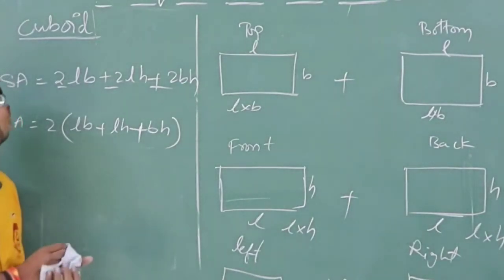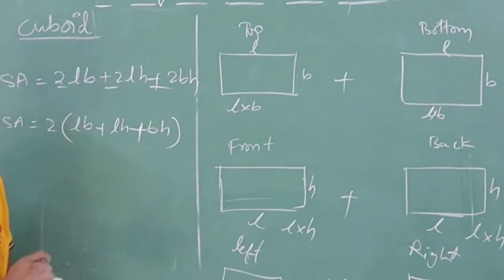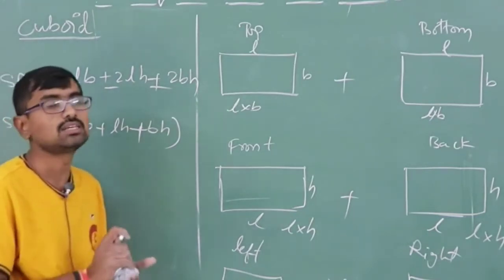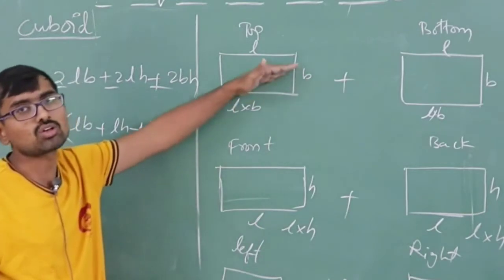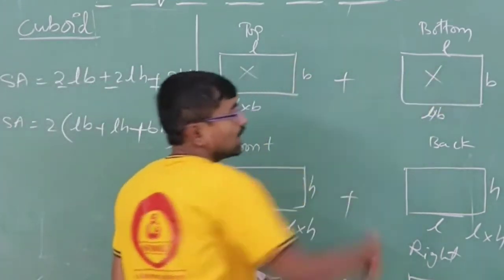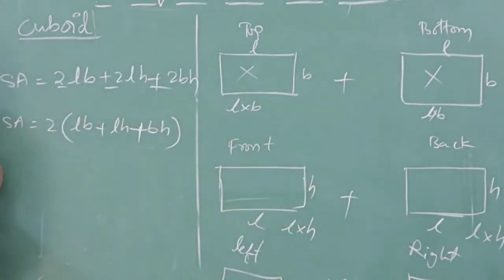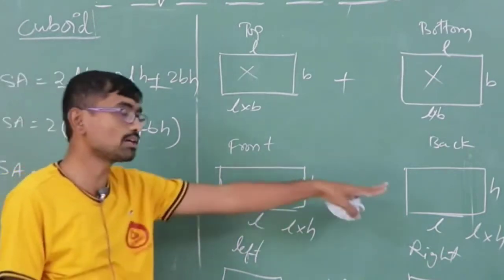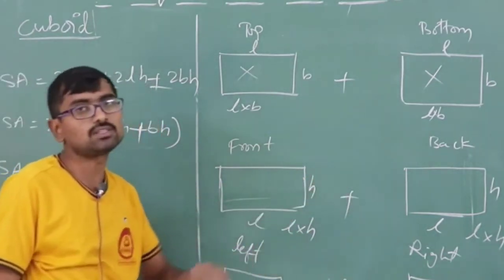Similarly, if I want the lateral surface area, what do you know about lateral surface area? Lateral surface area is that with no top and bottom. We are removing top and bottom in the lateral surface area. So here we have only front, back and left, right.